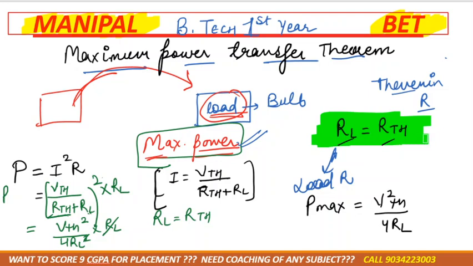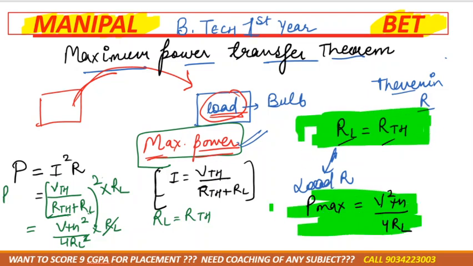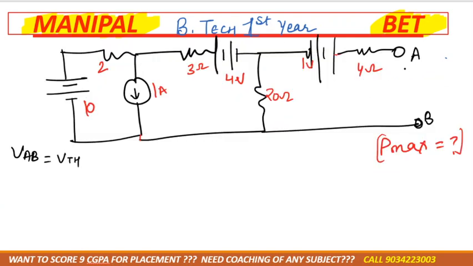I told you not to make one formula page, and another one is maximum power is equal to VTH square by 4RL. So here we need to calculate first of all VTH, right? Because the maximum power formula is P max is equal to VTH square divided by 4RL.